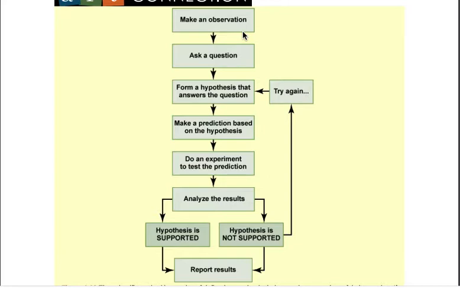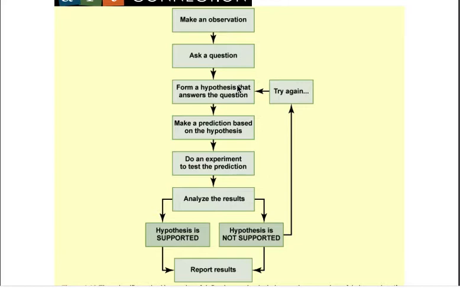But what did she initially observe? Going backwards, she initially observed that every time she opened the door, the birds changed their song. Maybe she noticed that every time her dog or her cat went through the little doggy door, cat door, they changed their song. So at first you always make an observation, and then you ask a question, and then you form a hypothesis.